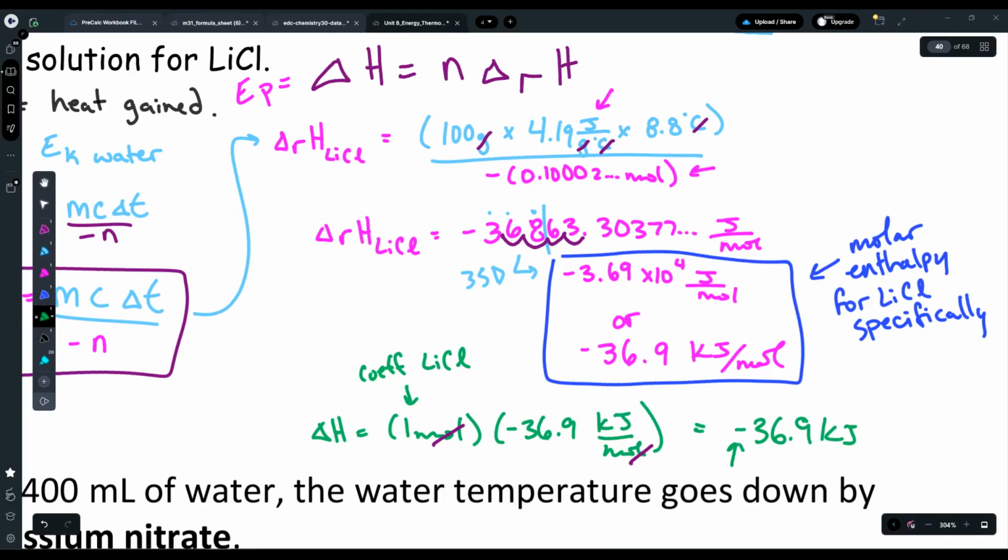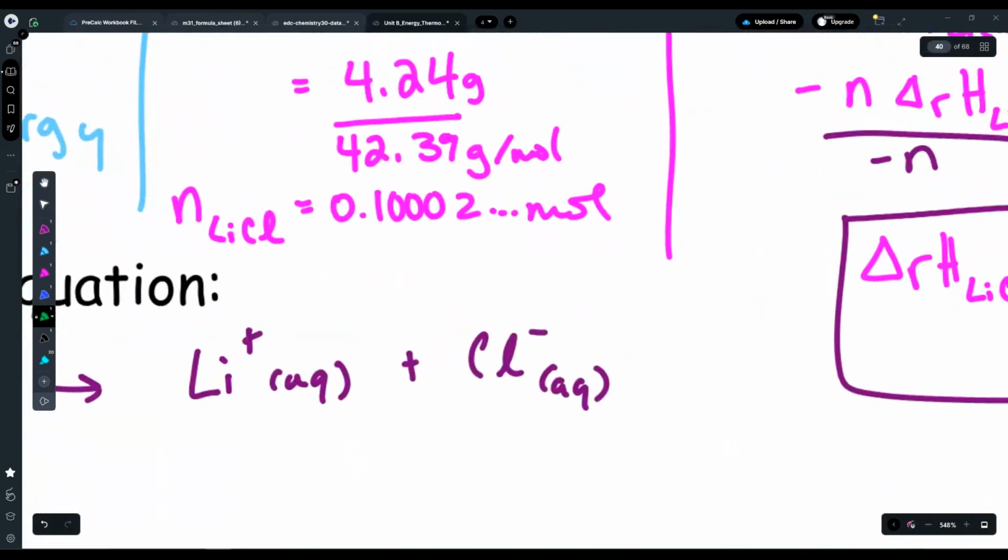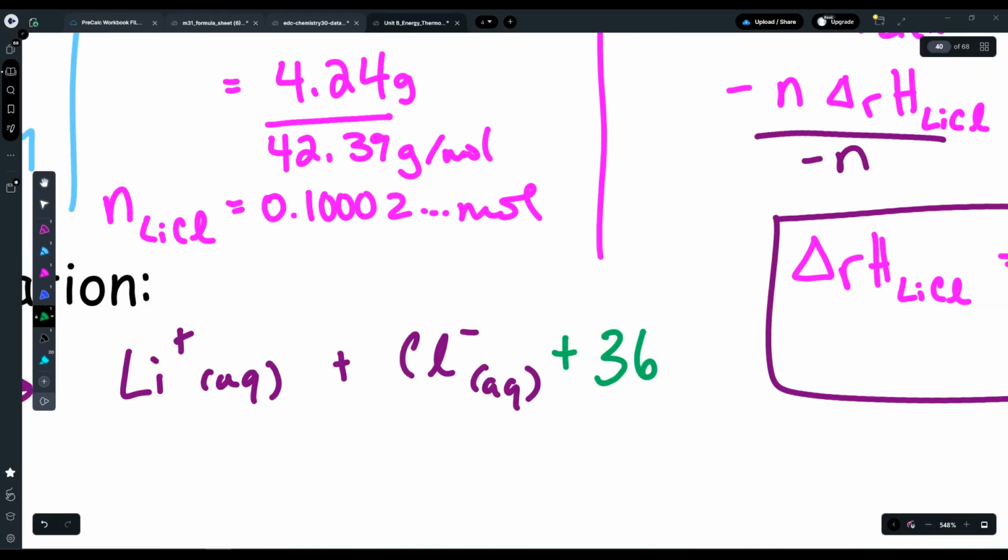Remember that the negative represents that this energy is being lost by the system. Another way to say that is energy is being produced by the system because it's an exothermic process. So we're going to put it on the right hand side, and you always write plus. Your energy term should never be negative when you write it in your thermochemical equation. So plus 36.9 kilojoules.